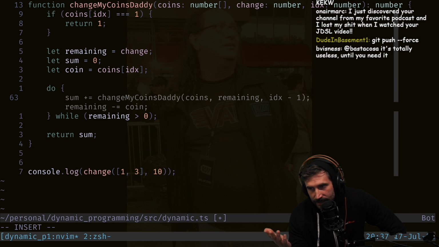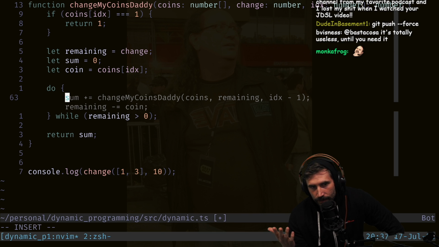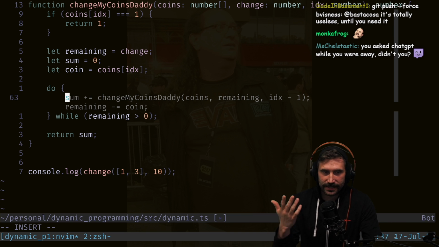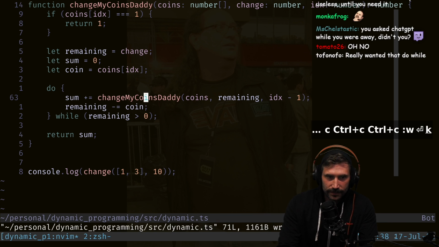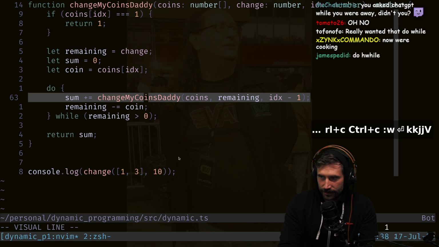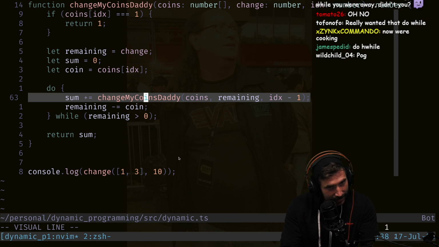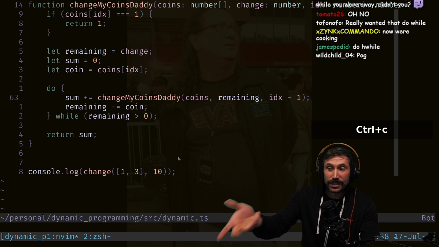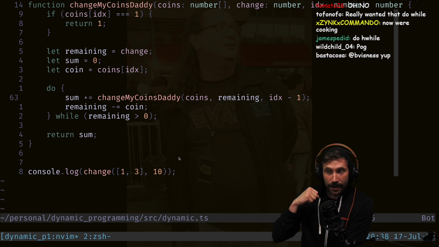It seems obvious this is the way I wanted to do it. The reason is that I can calculate everything below me, because we don't use the coin. We calculate everything else.